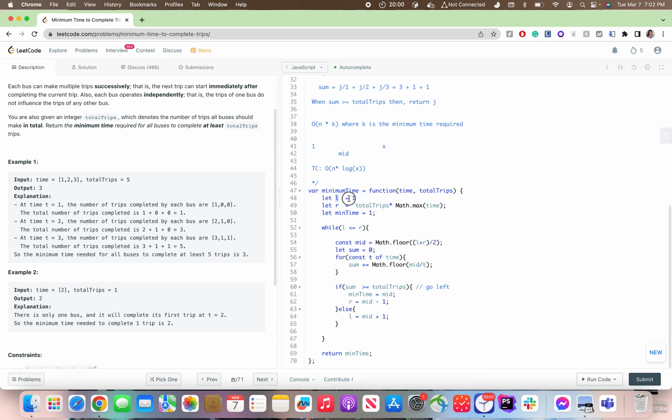So first of all, l is equal to 1 and r is the maximum, and we are going until l is less than or equal to r, because we are doing binary search here. We set sum equal to 0 and calculate the sum required for this candidate time, the possible time.